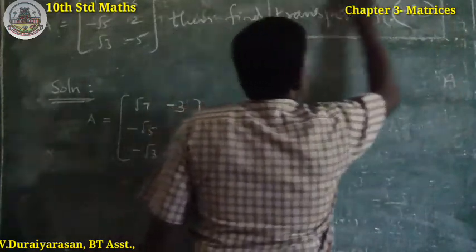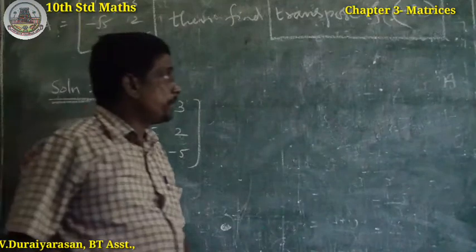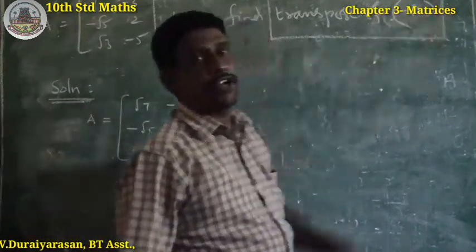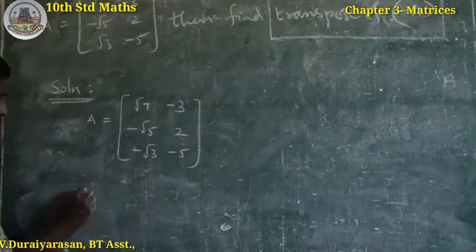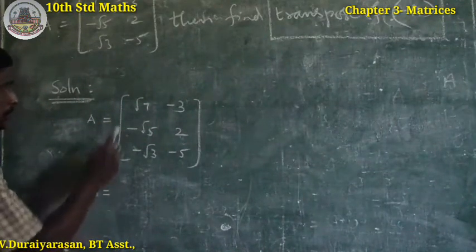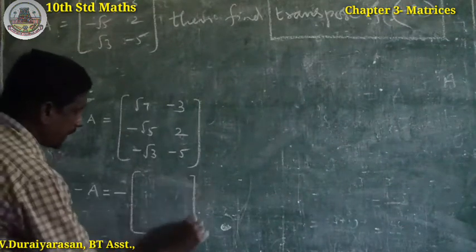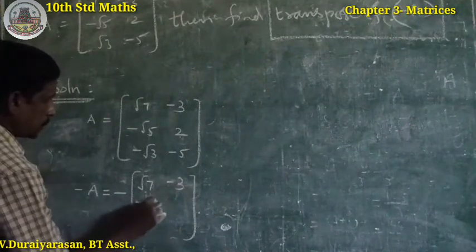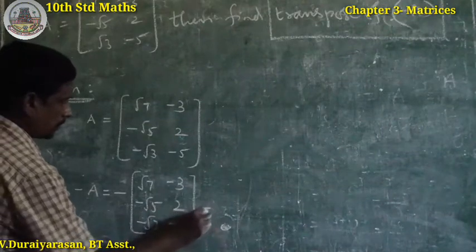Your question is transpose of minus A. So immediately find negative of A. First to find negative matrix of A. So minus A is equal to multiply by minus in the given matrix. Root 7 minus 3 minus root 5 2 minus root 3 minus 5.